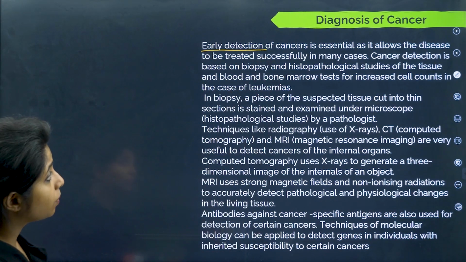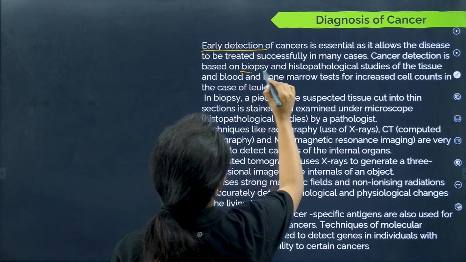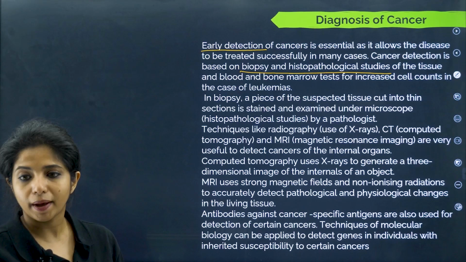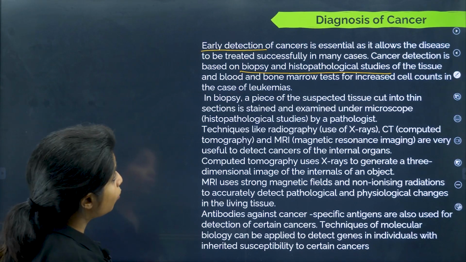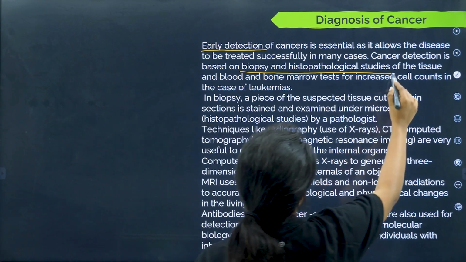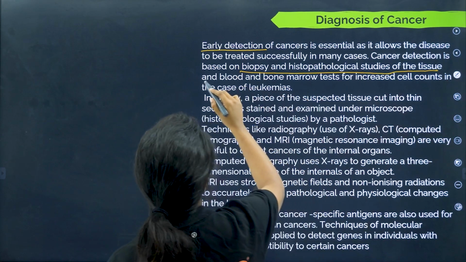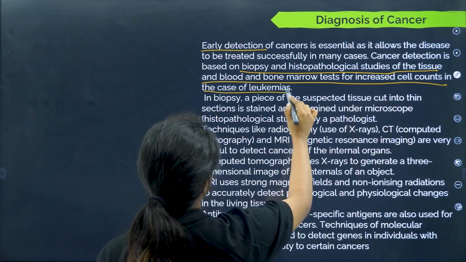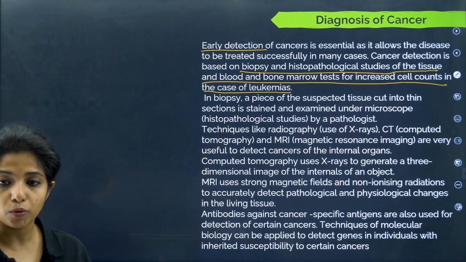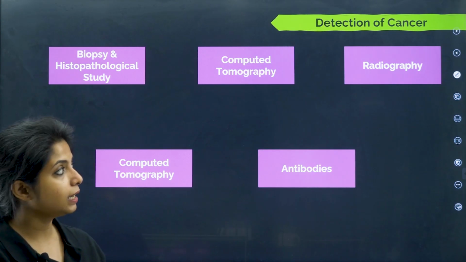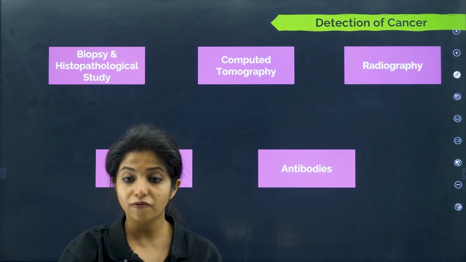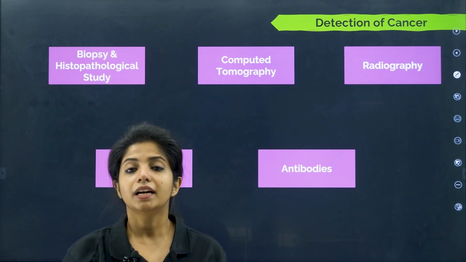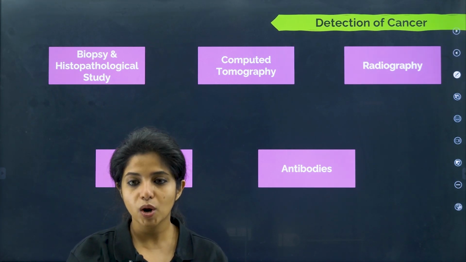Cancer detection is based on biopsy and histopathological studies of the tissue and blood and bone marrow, testing for increased cell counts in case of leukemia. So this is given in your book. What do you mean by leukemia? Basically, when cancer affects your blood cells, white blood cells, it is known as leukemia.